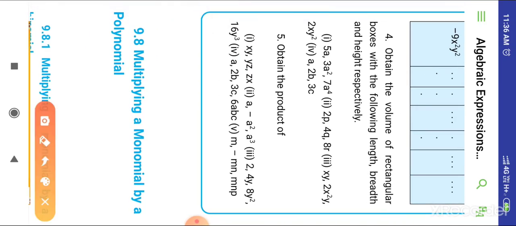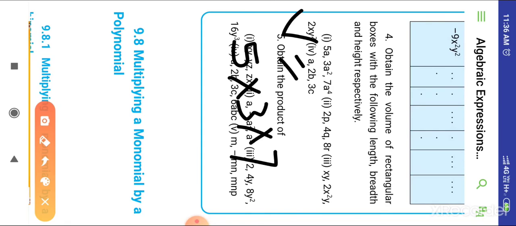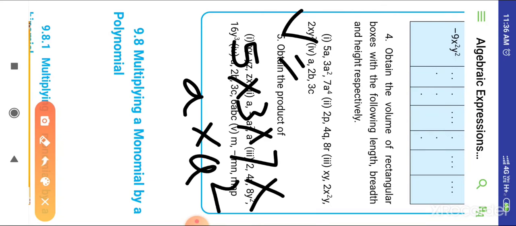Now move to next question. Question number 4. Fourth question is find 15% of 250. First, we write this statement in mathematical equation form. So 15% means 15 divided by 100. Of means multiplication, by 250.